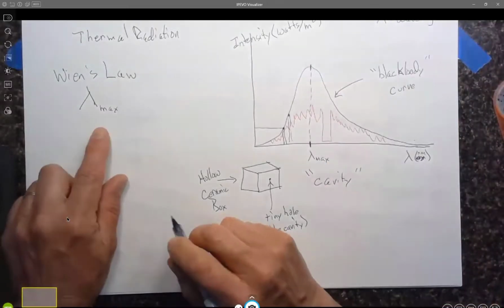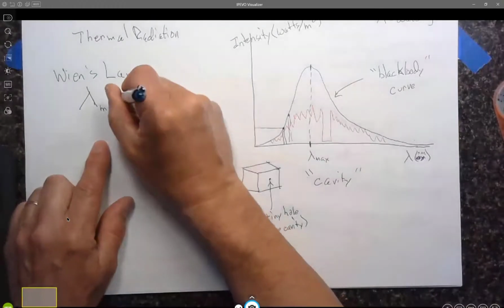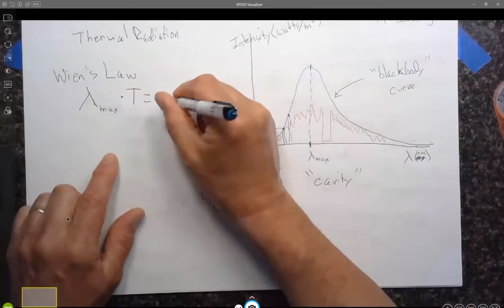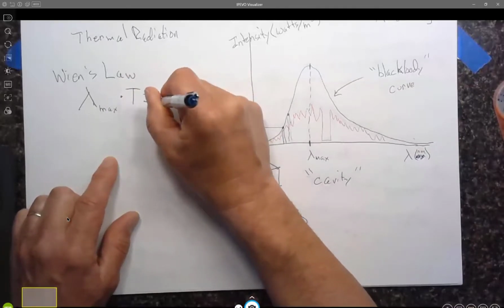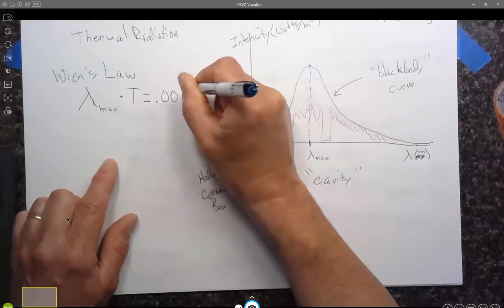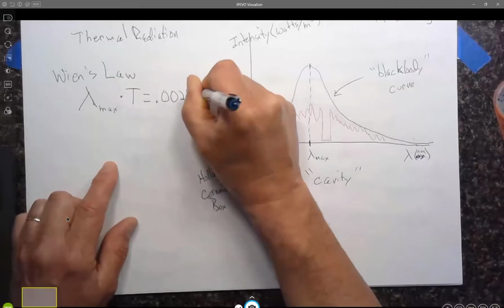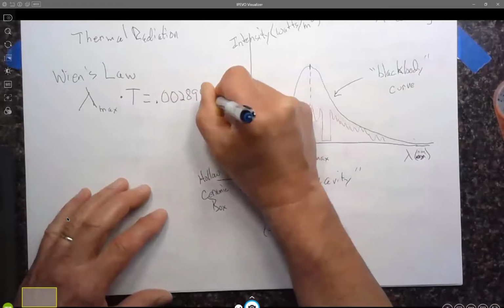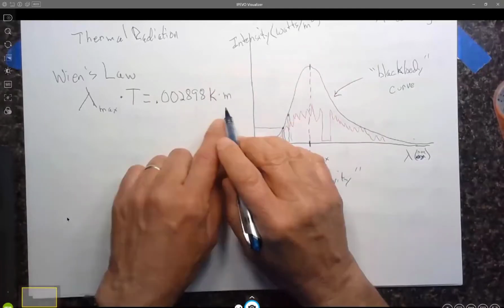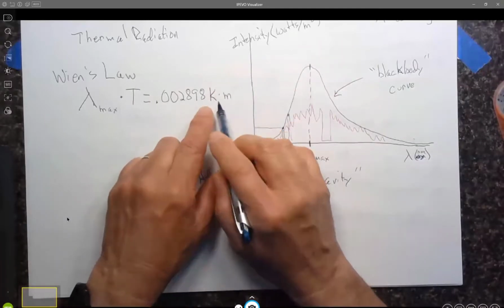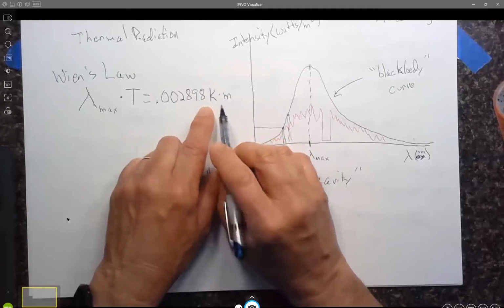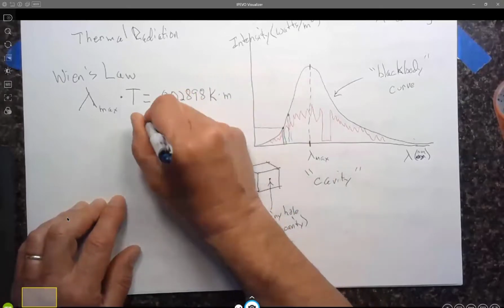Lambda max times the temperature is equal to 0.002898 meter-kelvins. Here M refers to meters, and K refers to temperature on the Kelvin scale, which I'll talk about in a minute.